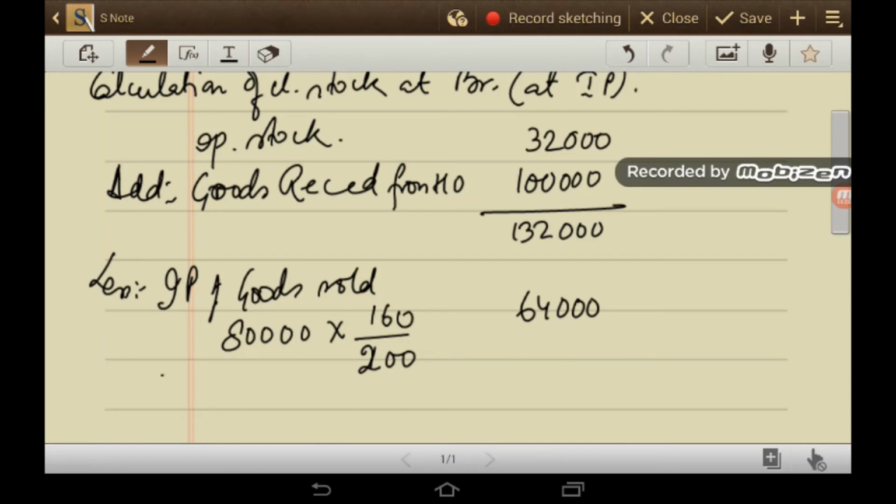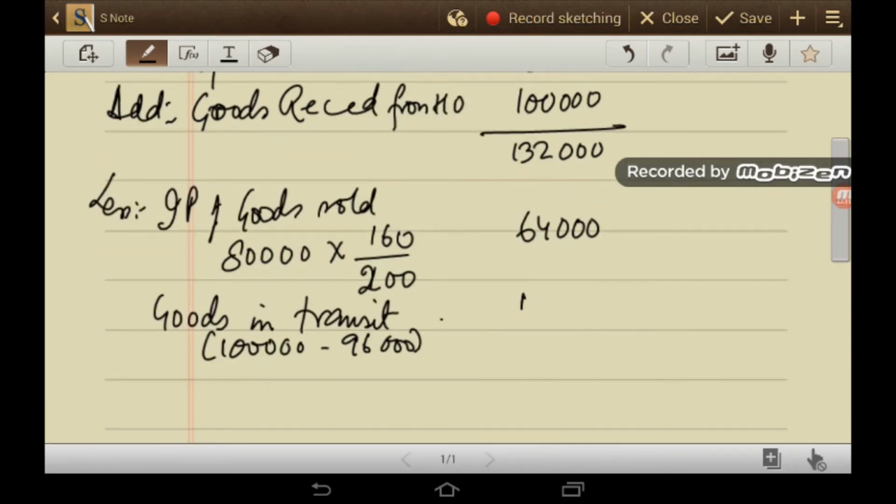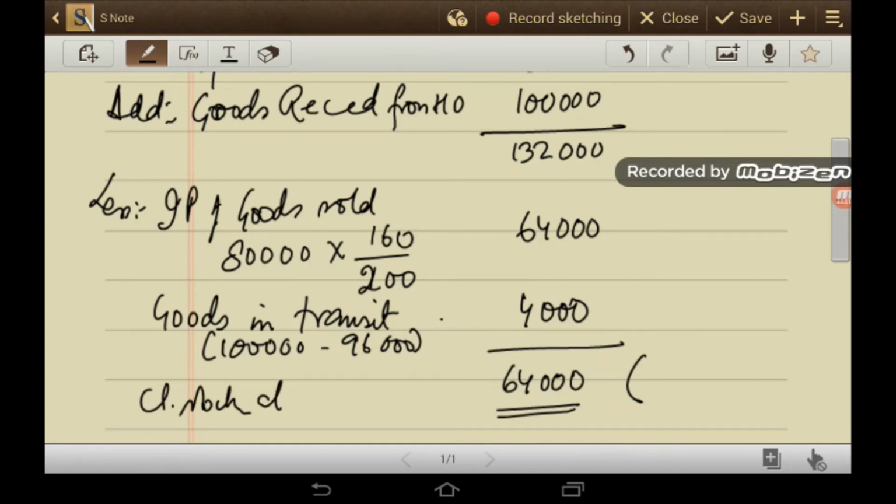And what is the amount of goods in transit? Goods in transit we have already shown, 1 lakh minus 96,000. So this is 4,000. So closing stock at branch will be 64,000, and obviously this is at invoice price.